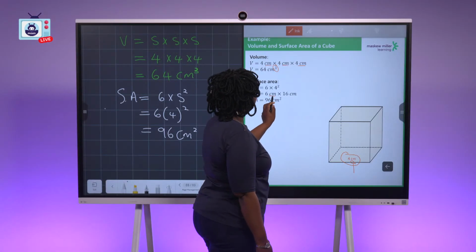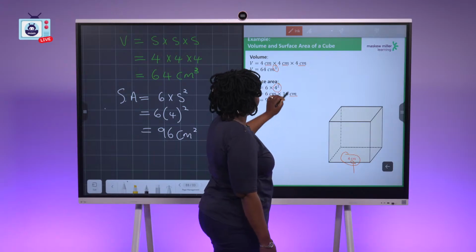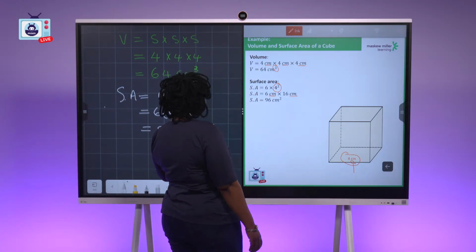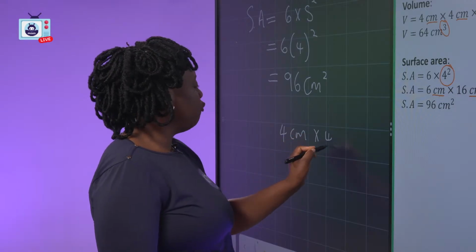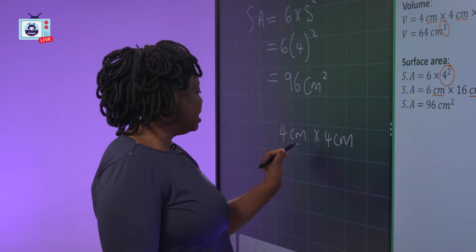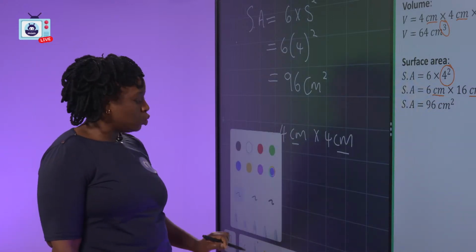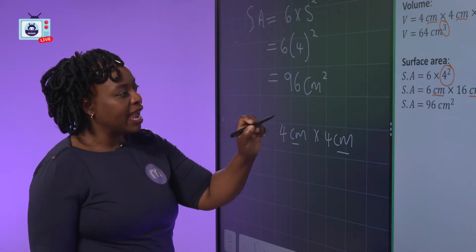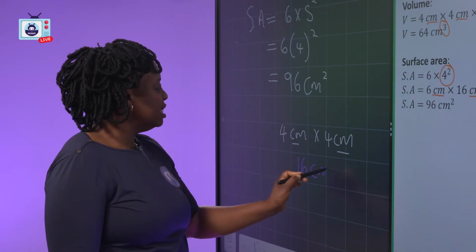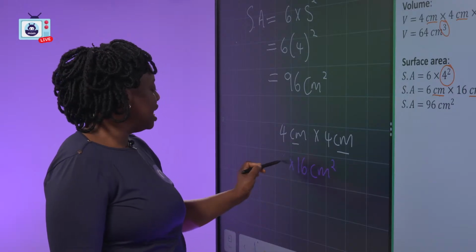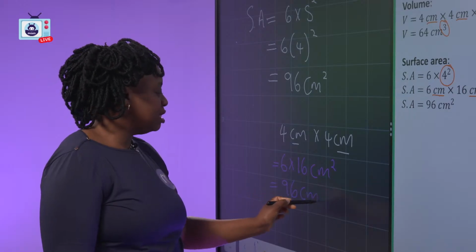Because if I have 4 centimeters and multiply it with 4 centimeters, the centimeter and the centimeter give me centimeter squared. So 4 squared gives 16 centimeters squared, and multiplied by 6, you get 96 centimeters squared.